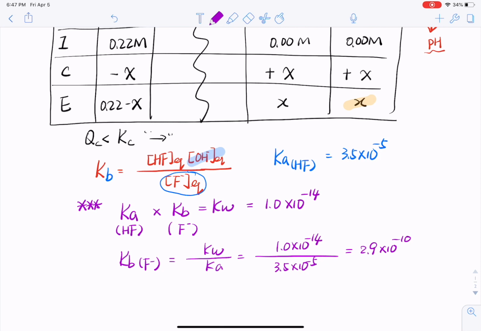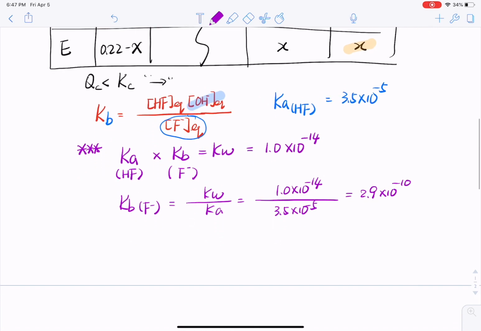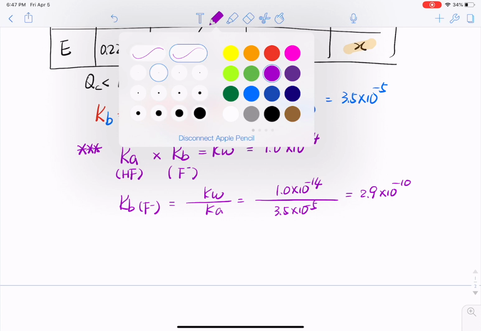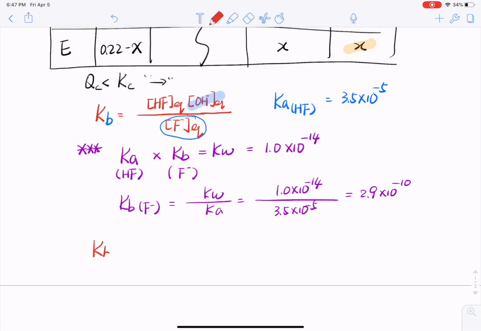Now we can use it back in our equation. I'm going to plug the equilibrium expressions into our Kb. So Kb equals x times x over 0.22 minus x, equals 2.9 times 10 to the power of negative 10.